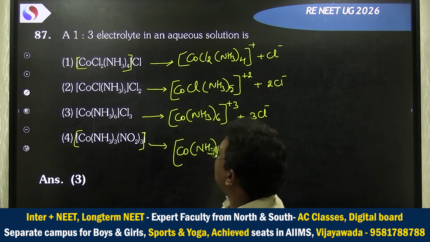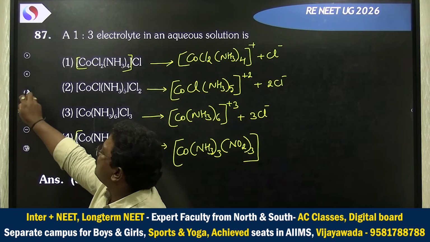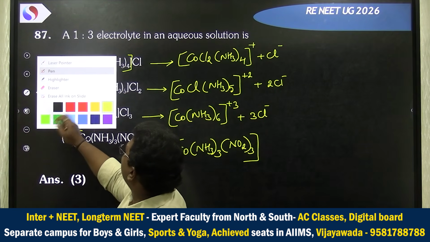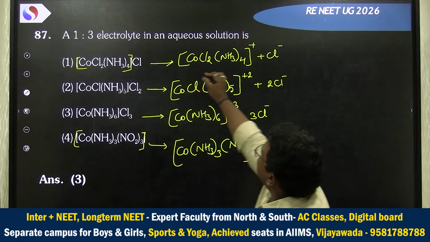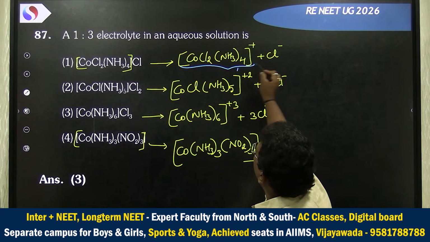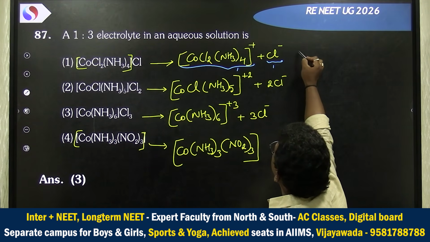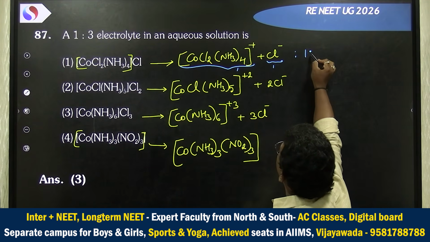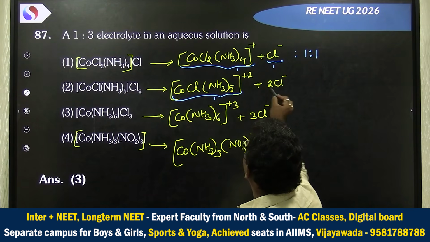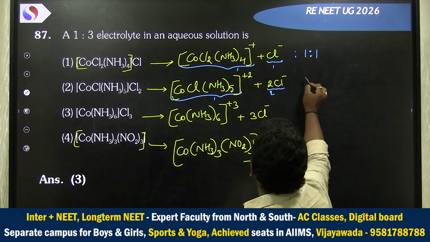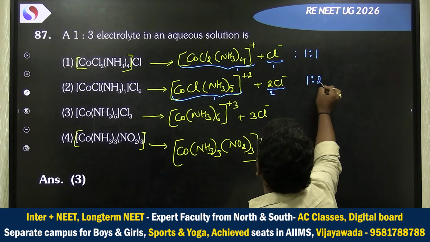సో దిస్ ఇస్ ఇట్. ఇప్పుడు కావాల్సిన కండిషన్ చూడండి. ఇలా మీరు అయనైజ్ చేసినప్పుడు ఎన్ని నెంబర్ ఆఫ్ అయాన్స్ ఫామ్ అయినవి. సో దిస్ కాంప్లెక్స్ అయాన్ ఈస్ 1 అండ్ దిస్ ఈస్ 1. Simply the ratio is 1:1. Here this complex ion is 1 and this 2 chlorine. The ratio is 1:2.